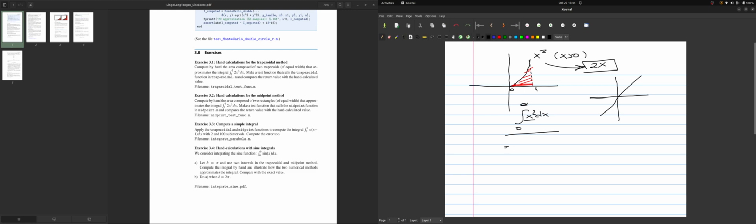So we need to go one level up and say that x cubed over 3, plus a constant, but since we are calculating between points, this is the exact integral of this function between 0 and 1. So we check 1 over 3 minus 0, which is 1 over 3.